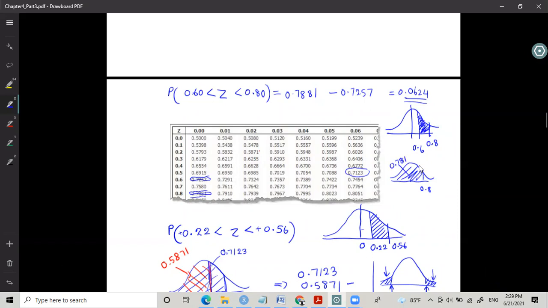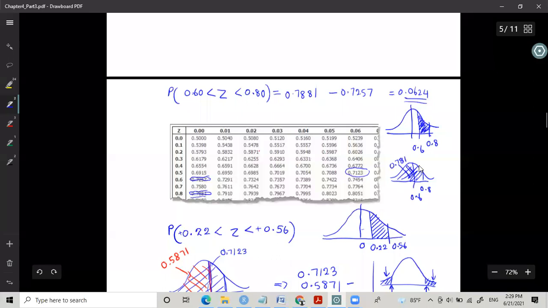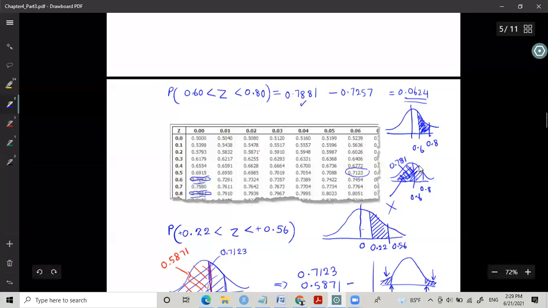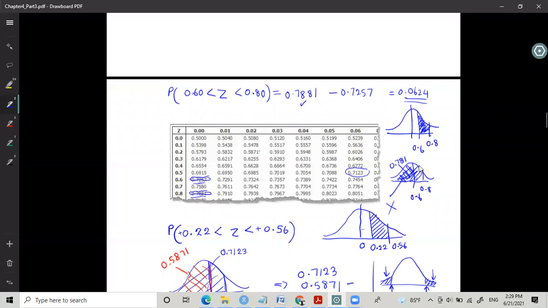So you have some unwanted stuff, right? Up to 0.6, this area you don't need, so you have to get rid of it. You read up to 0.6, which gives you this unwanted area, 0.7257. So you read up to 0.8, which is 0.7881, and then subtract the unnecessary area, up to 0.60, which has probability 0.7257. You subtract it, and you get the answer.